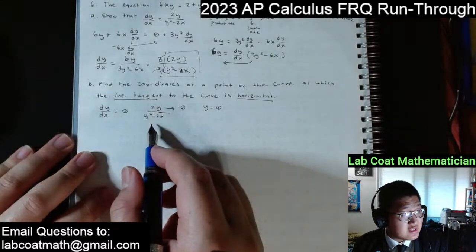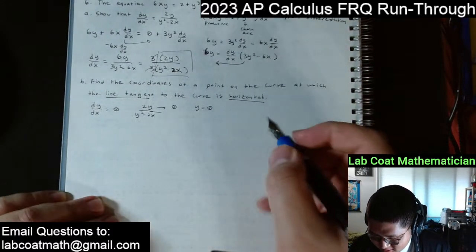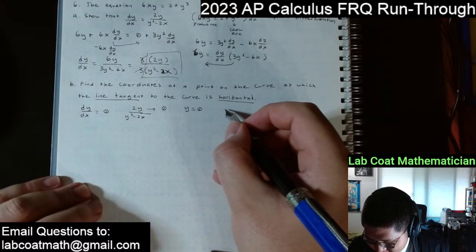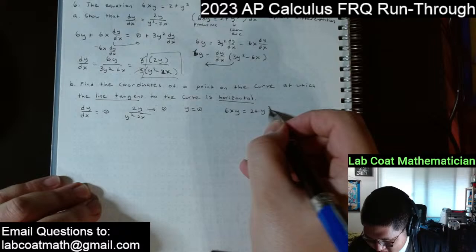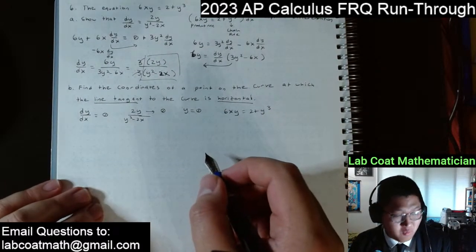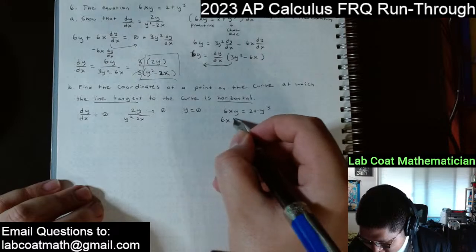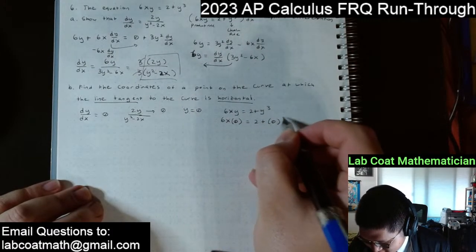And that is still acceptable for the denominator of that derivative. And so we will plug that back into the original equation. 6xy is equal to 2 plus y cubed, to look at any x coordinates that will be possible to be matched with that y coordinate. So with that, 6x times 0, equals 2 plus 0 to the third power.